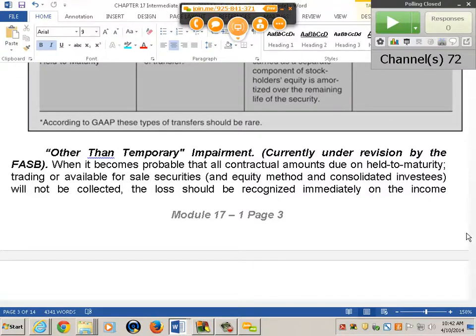So if you have a security that is impaired, that's other than temporary, and that's the point. And that's where we were talking earlier about during the financial crisis. If you're holding a toxic asset that you think you could recover, and if you could prove that there's recovery, you don't have to take the loss. And that's part of the impairment rules that we still have.